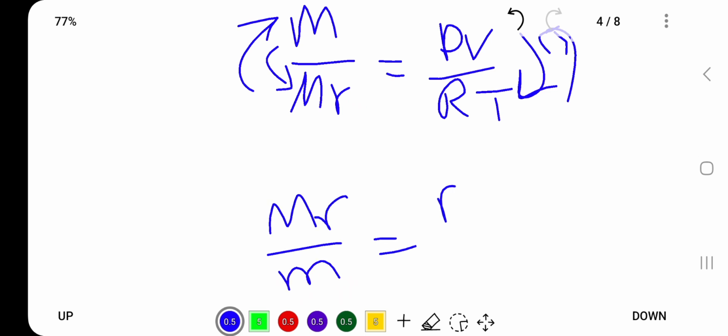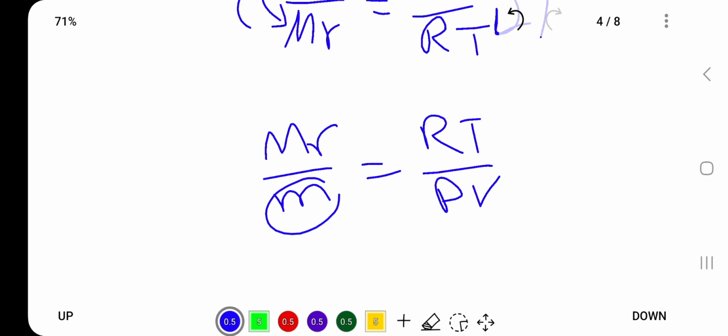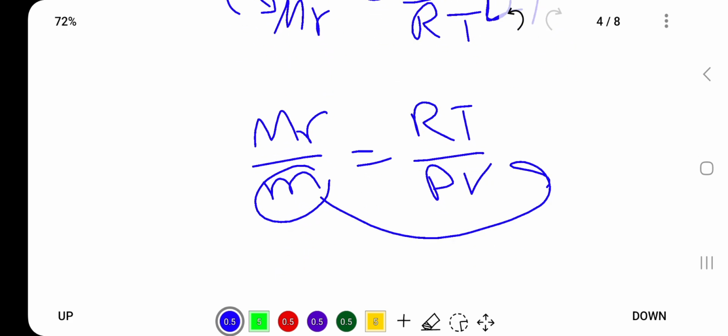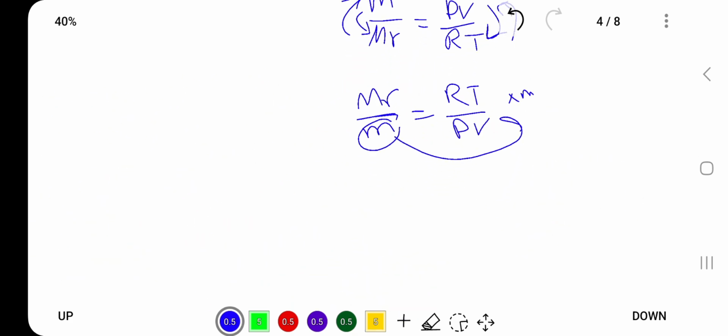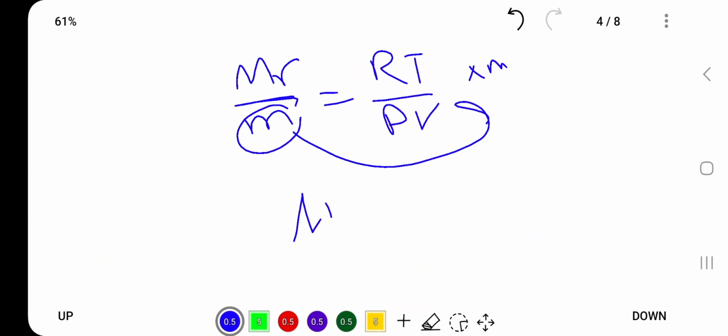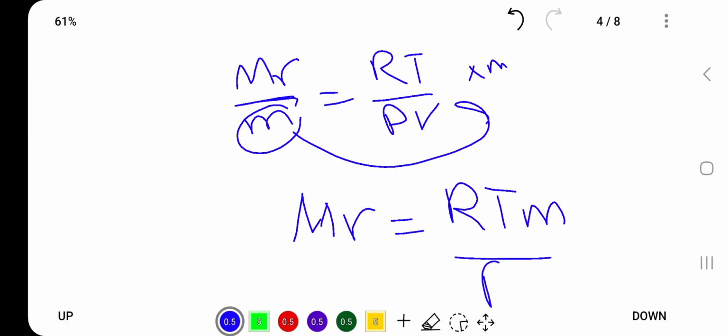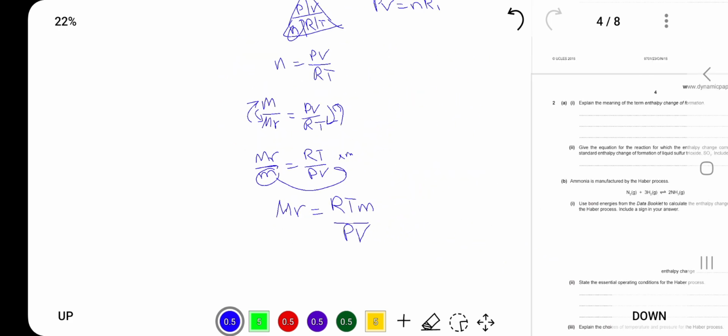Mr over m equals RT over PV. Now you can move the m to the other side. It was divide m, so now it's multiply m. So your final, I'm sorry, Mr equals RTm divided by PV, or mRT over PV, whatever.